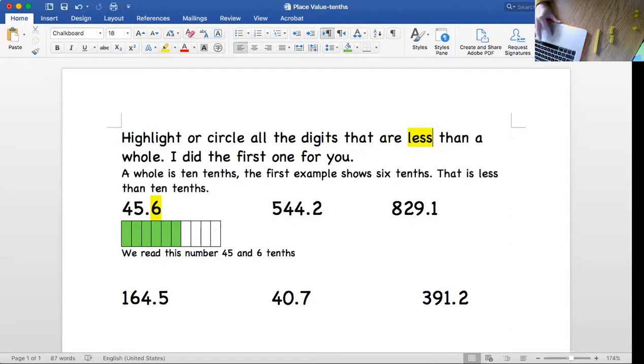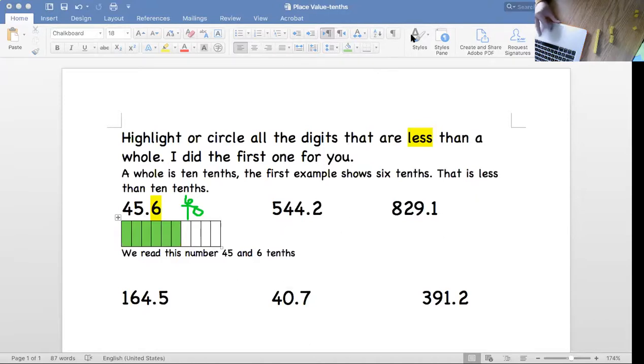So for example, you would write for the first one next to it or underneath it, either way, whatever works for you, you would write 6/10. That's the digit that is less than a whole, 6/10, okay? So over here, the digit that is less than a whole, we would write 2/10. Highlight it first, and then write the fraction that matches, okay?